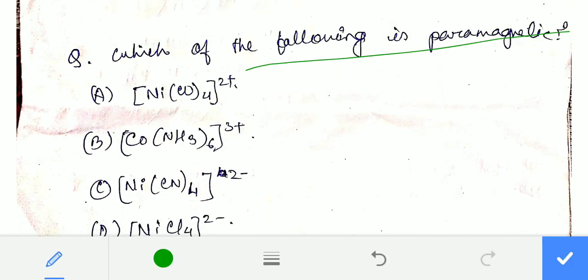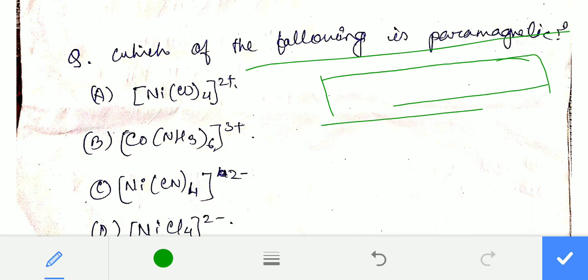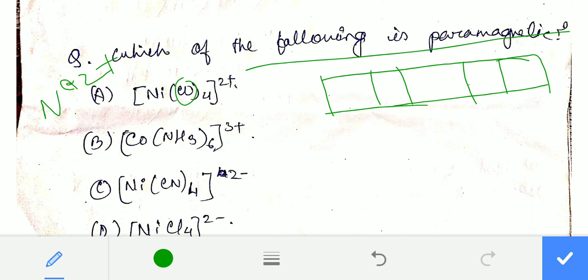Which of the following is paramagnetic? To be a paramagnetic substance, there must be the presence of unpaired electrons, as we have already discussed. Now in option A, since CO is a neutral ligand, nickel is in +2 state. Also in option C, nickel is in +2 state. Also in option D, NiCl4 2-, nickel is in +2 state.